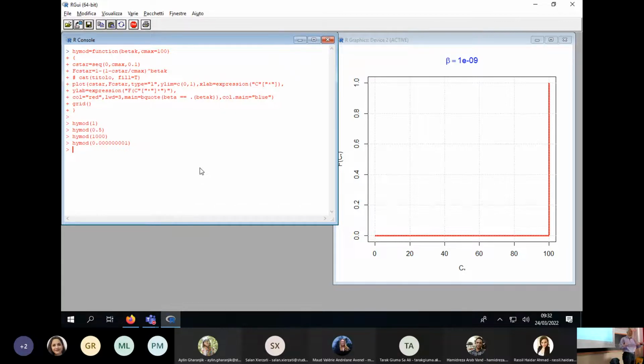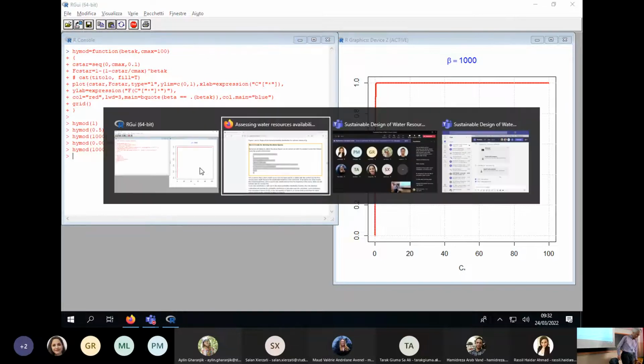So everywhere I have Cmax. If everywhere I have Cmax, it means that I have this graph. Instead, if everywhere I have 0, I get this one. You see, it's extremely easy to play with it.